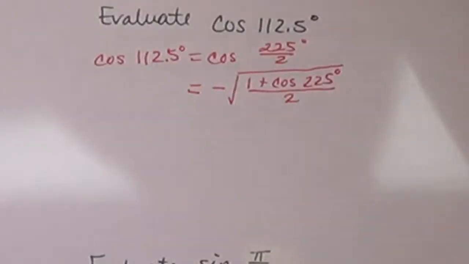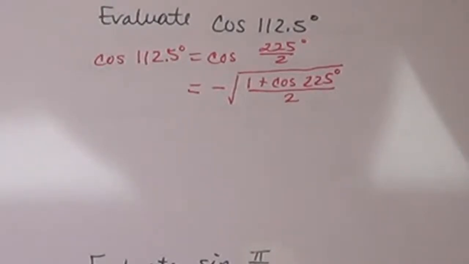So by our half angle formula, cosine of 225 over 2 will put us in the second quadrant. So we're looking at, again, 112.5, which will be in the second quadrant. So it's going to be a negative square root of 1 plus cosine of 225 degrees divided by 2.